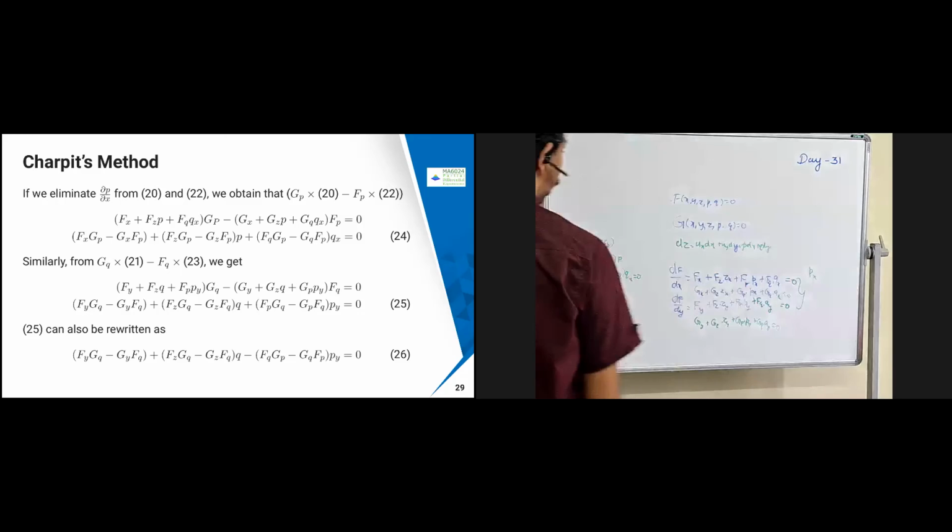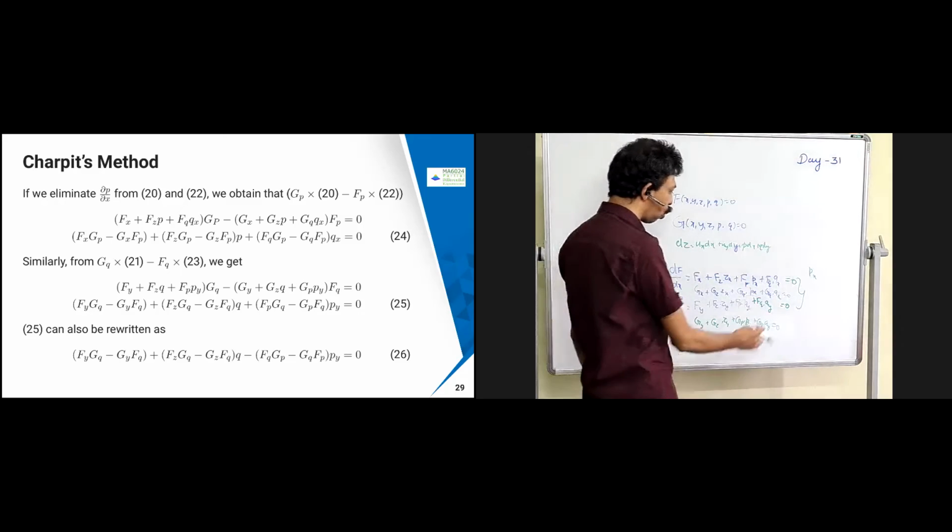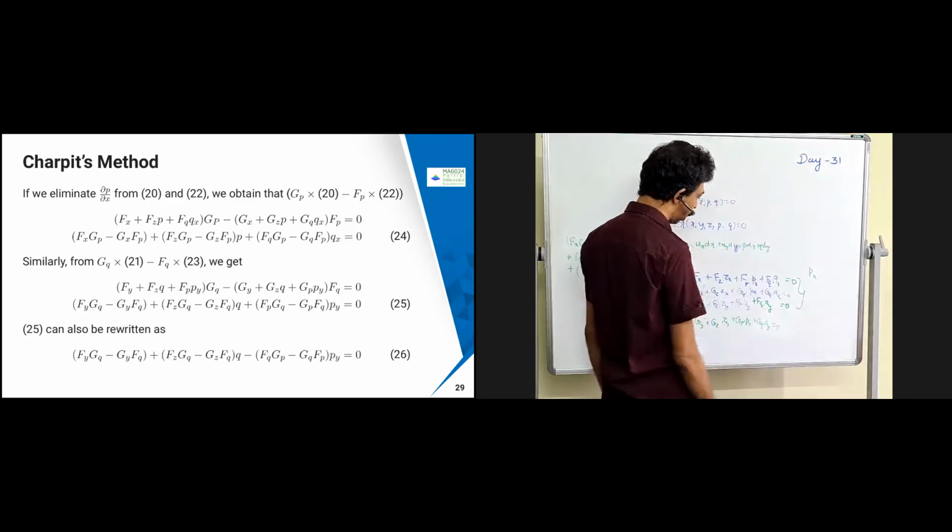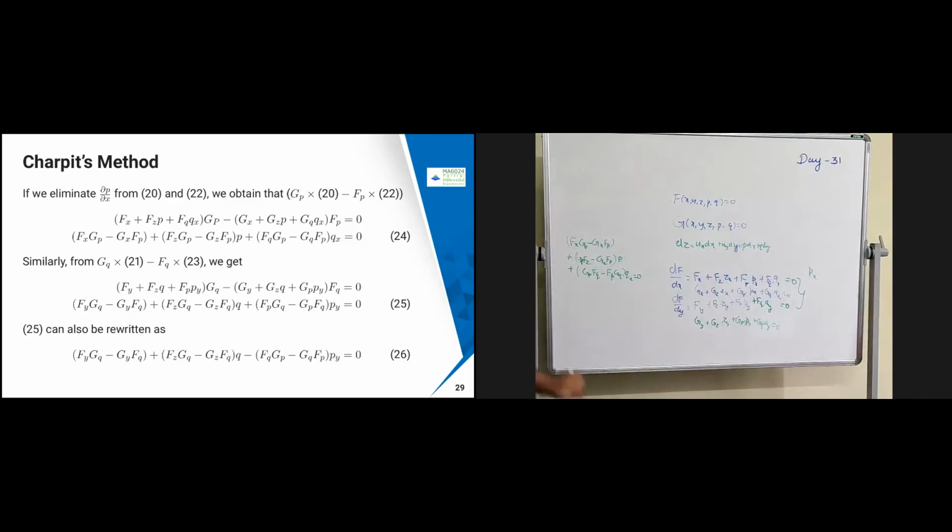Similarly, if I want to eliminate qy from here, the same kind of things I'm going to get. So I'm going to get fy into gq minus gx into fq.